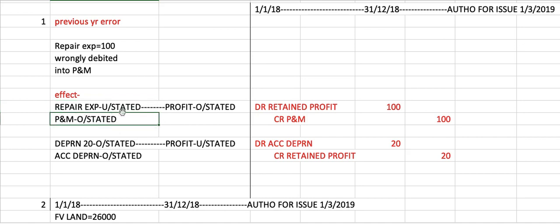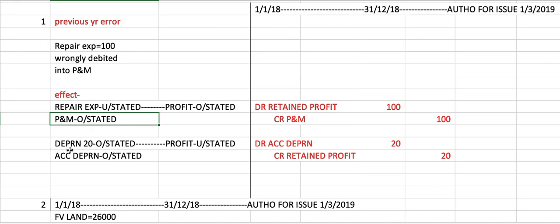So the profit last year is overstated, and plant and machinery is also overstated.